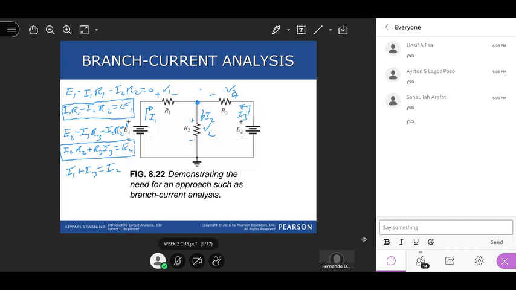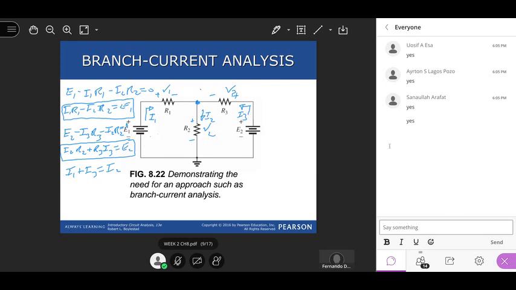Now, if I solve for any of those 3 currents and substitute in those equations, you're going to have 2 equations with 2 unknowns. You can solve these, right? So remember, R1, R2, R3 are just given values which you will have in the circuit. And E1, E2 most likely will be given too.